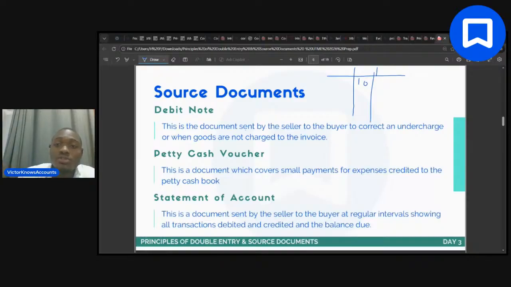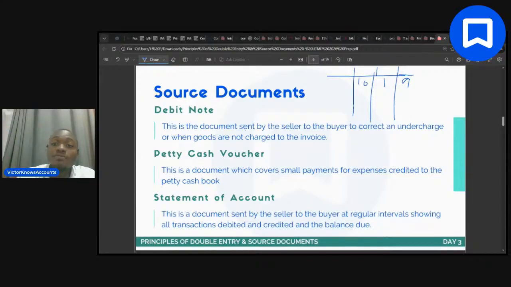When the person pays 1 naira, you write that the person has paid 1 naira. Then the balance will be here. That's 9 naira. So as at that particular day, you have 9 naira. So when you send this document to the buyer, he sees that the amount he has to pay you is 9 naira, and so on and so on.